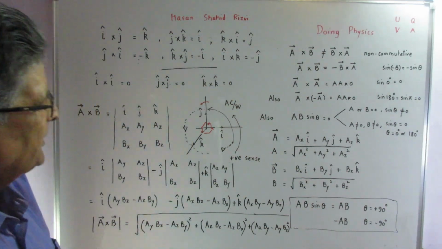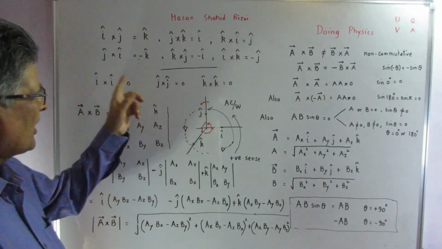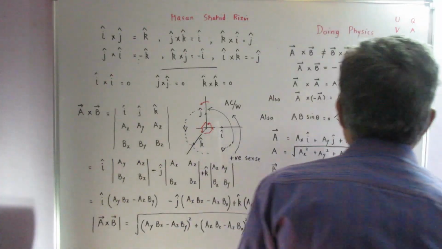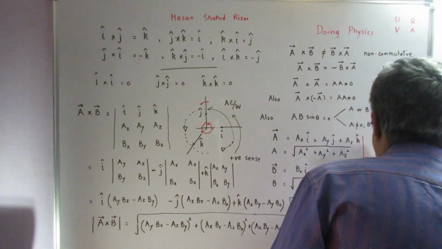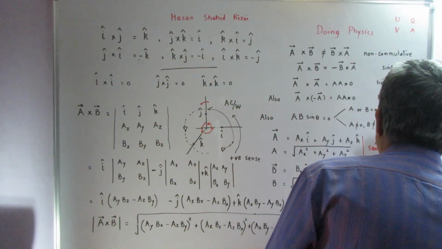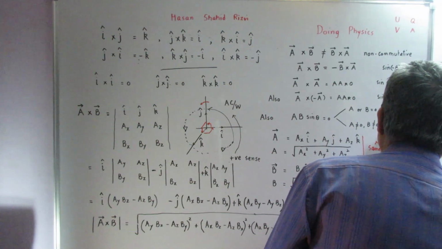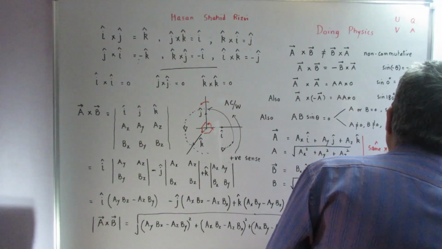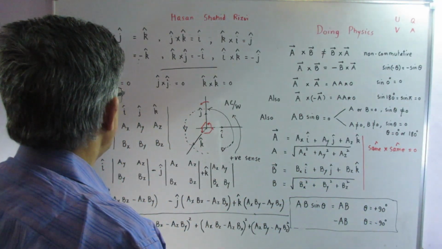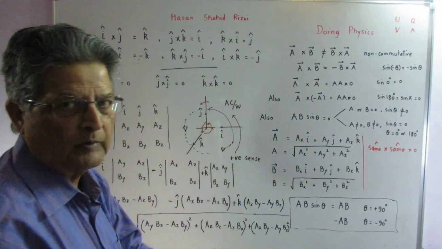So I can write, if you allow me, same unit vector cap cross same unit vector cap will be equal to 0. That states that i cross i, j cross j and k cross k will be equal to 0.